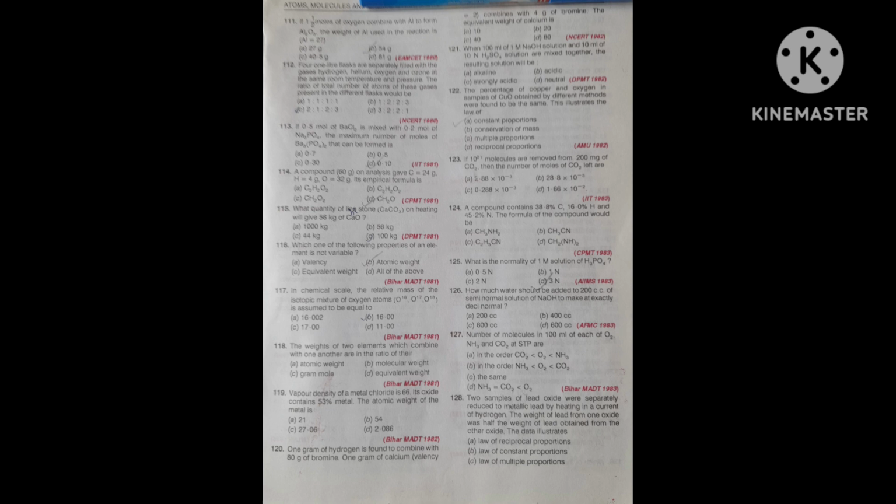Again I am telling one more time the question. When 100 ml of 1M NaOH solution and 10 ml of 10 N H2SO4 are mixed together, the resulting solution will be: first option alkaline, second option acidic, third option strongly acidic, fourth option neutral.